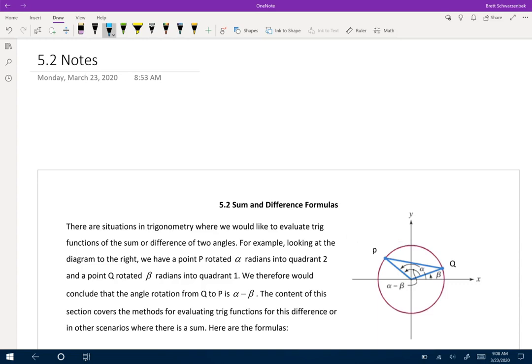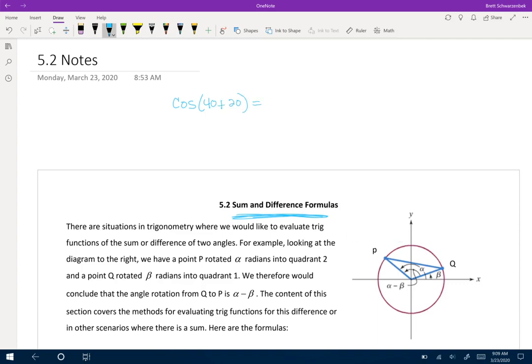So the first concept that we're going to be talking about for this lesson is going to be the sum and difference formulas. In order to better show you how these work, let's start with a misconception. Let's just say that you had the cosine of 40 plus 20.